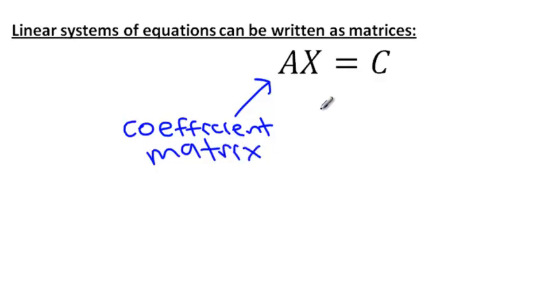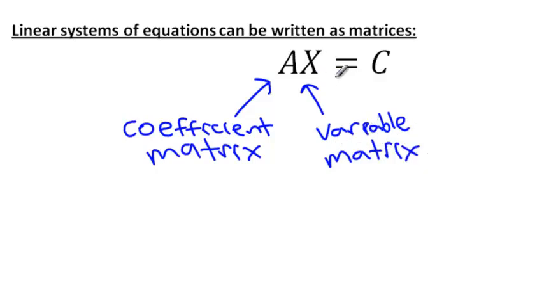Now this matrix here, the x, that's going to be called our variable matrix. And what do you think is inside the variable matrix? Very good. Variables. Man, my handwriting is horrible. Okay, and oops, that's an I. And then this last one, this C, is going to be a bunch of numbers, but they're not coefficients.